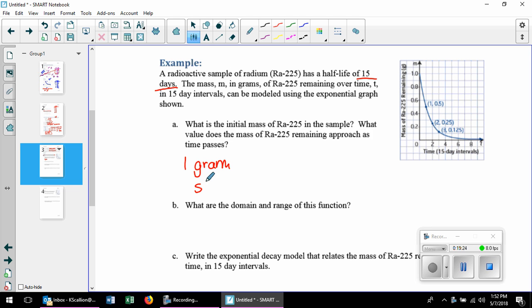So we start here, and we are approaching 0 grams. Will I ever get to 0 grams? No, it's always taking a half of a half of a half of a half of a half. Well, yeah, but we're just talking about it sitting there decaying. Kind of like you guys sitting there not using your brains. Brains decaying. Luckily, that's not the case.